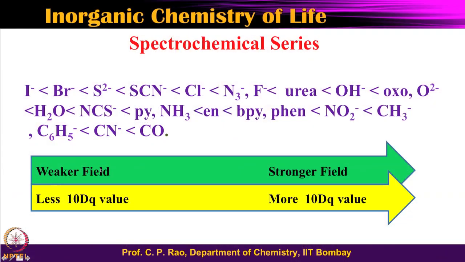Therefore, pi bonding characteristics are important as compared to sigma bonding, rather than just using electronegativity. You can see very clearly that you have a weaker field on this side and a stronger field on this end. With ligands like halides you have a lower delta O value, and with carbon-based ligands you have a greater delta O value.